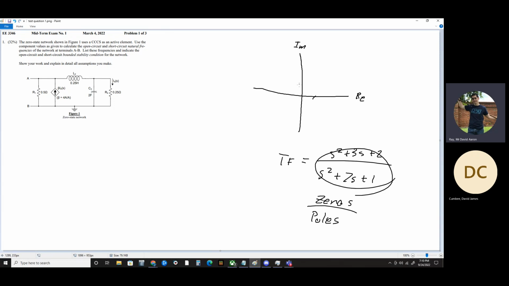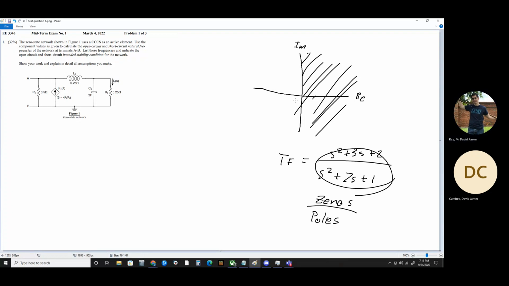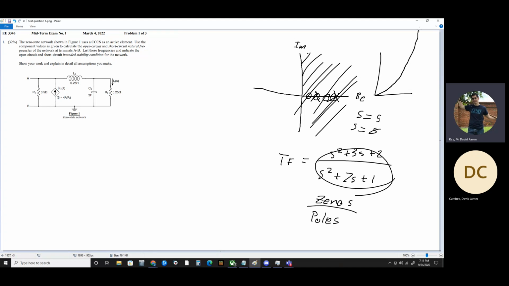Both your poles and zeros affect this graph. But generally, if you have any poles where the real part is positive, like s equals 5, which would be right here, or s equals 8, which would be over here, then your time response is going to shoot up to infinity.